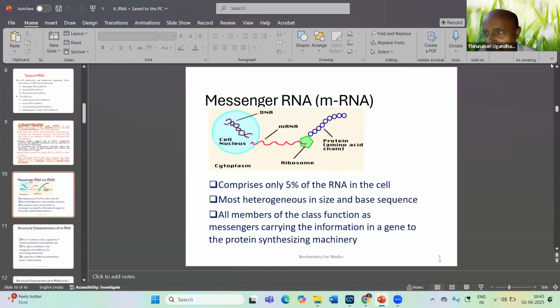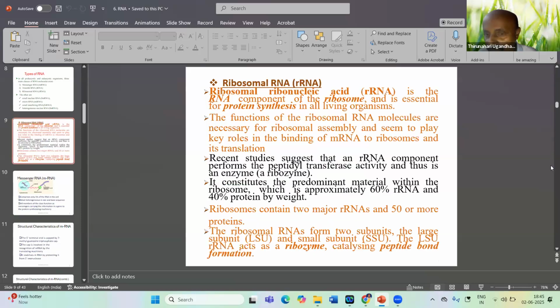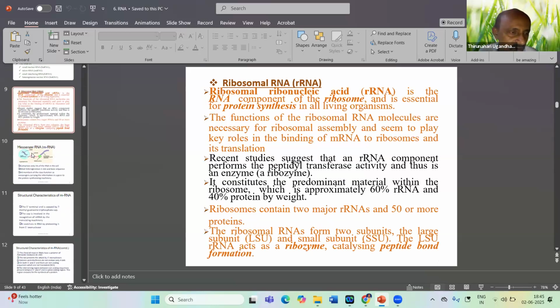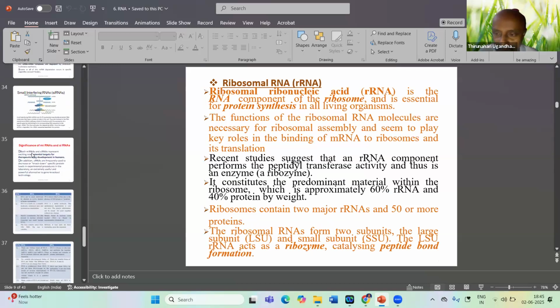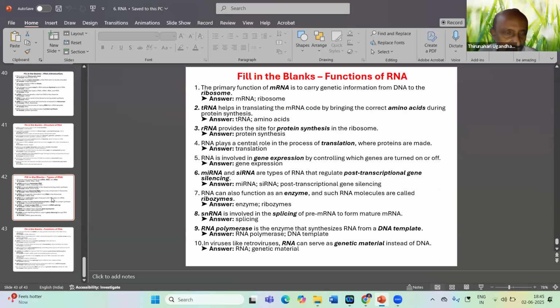In the last class, DNA was covered, and now RNA is also completed.